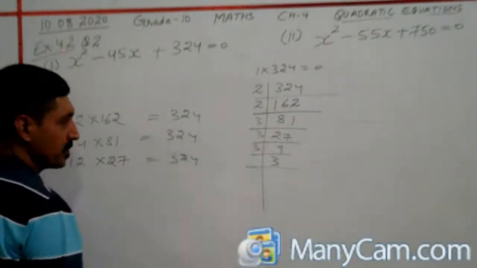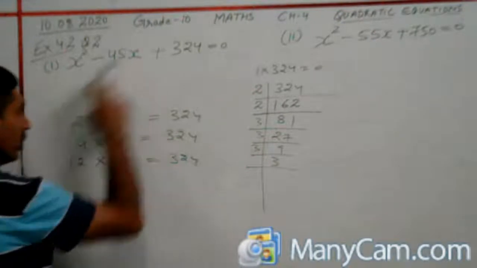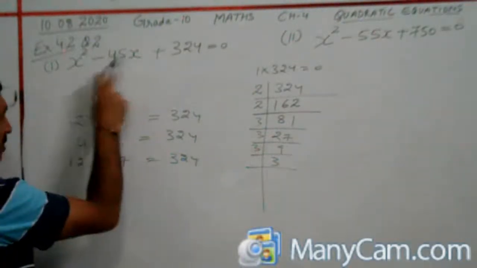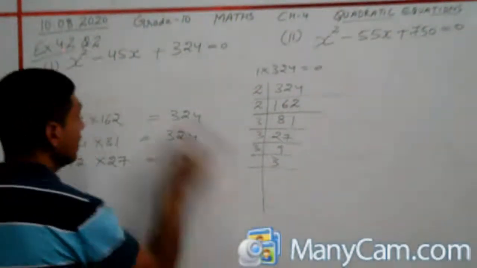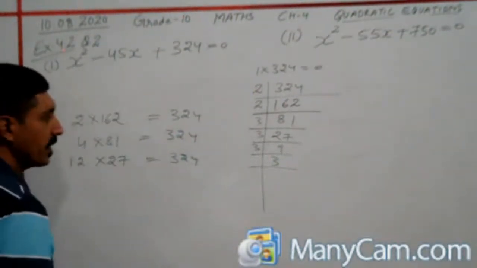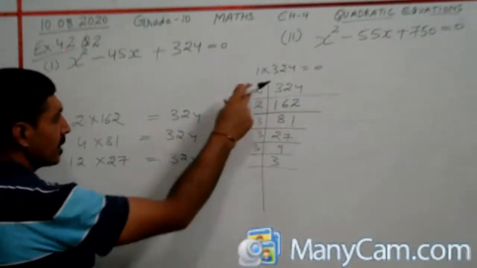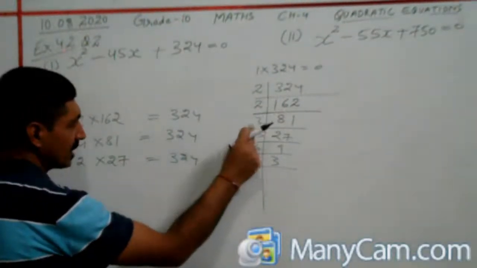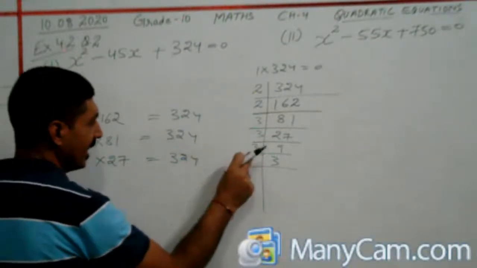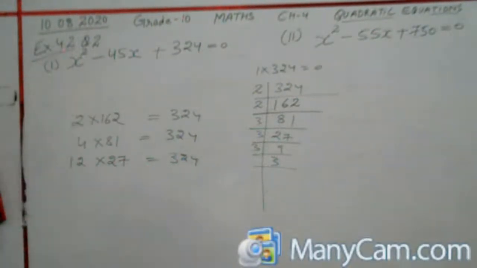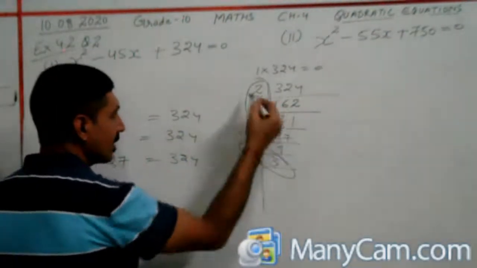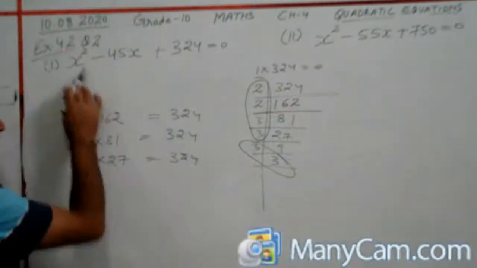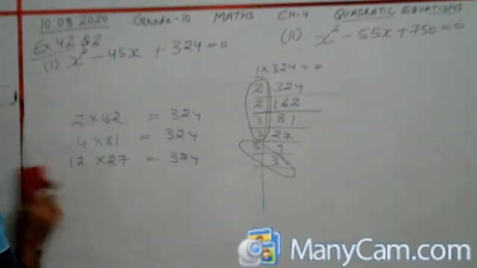So many combinations. But here we want the sum of the two to be 45, that is, minus 45. So here what can it be? 4, 12, these are 36, 36 and 9. So we can have one is 9 and one is 36, minus 36 and minus 9, right?